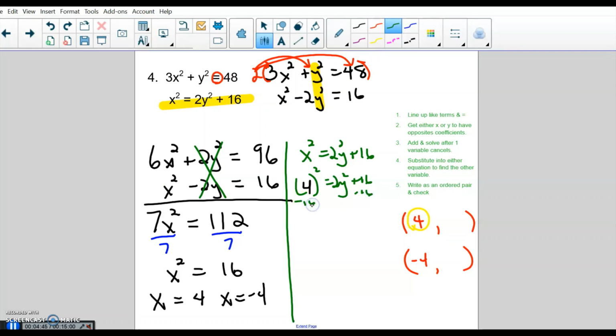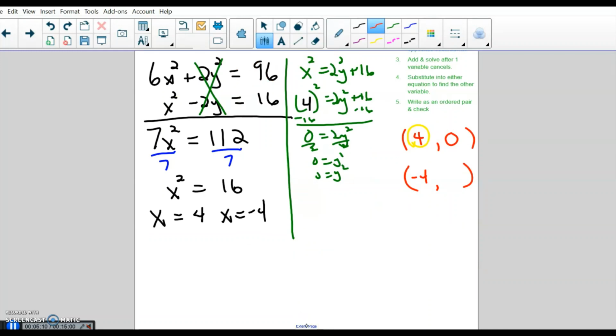That's 4 squared minus 16, which gives me 0 equals 2y squared. Divided by 2, I get 0 equals y squared, and y squared equals 0. So once that 0 came about, we just had a whole bunch of zeros left in the equation. So that's one of our y values.